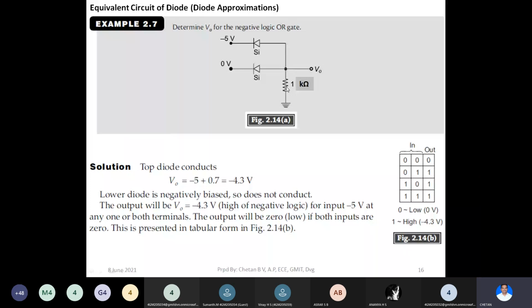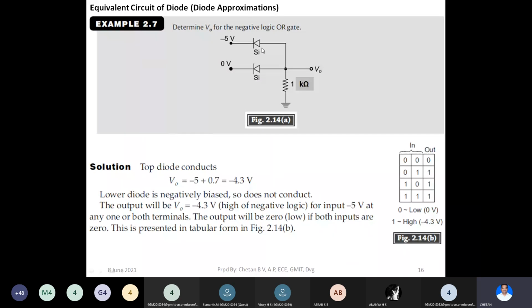Obviously, the anode is at a higher potential, because 0 volt is higher potential with respect to minus 5 volt. Therefore, this diode would be forward biased, because the cathode is connected to minus 5 and is at a lower potential. The anode is connected to ground through this resistance, right? Even though ground is 0 volt, the anode is at higher potential. Therefore, this silicon diode would be forward biased.